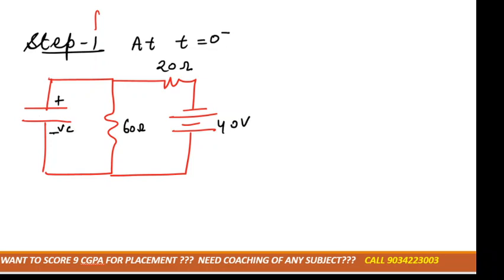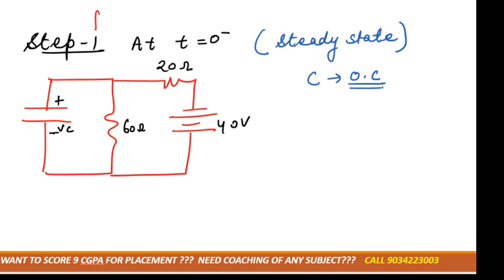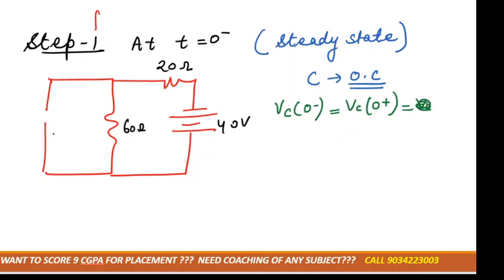Now I told you that at t equal to 0 minus, this is the condition of steady state. So at steady state, the capacitor is going to be an open circuit, right? So I'm removing this. Now in this particular condition, we need to calculate Vc of 0 minus, that would be equal to Vc of 0 plus, that would be equal to Vc, that would be equal to VAB.